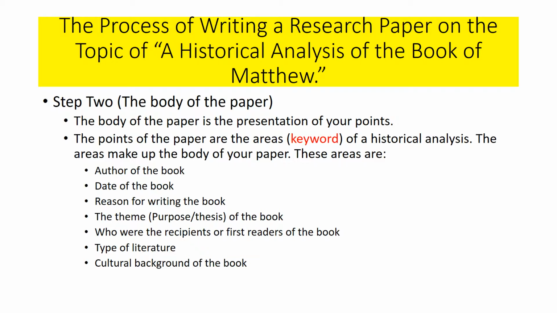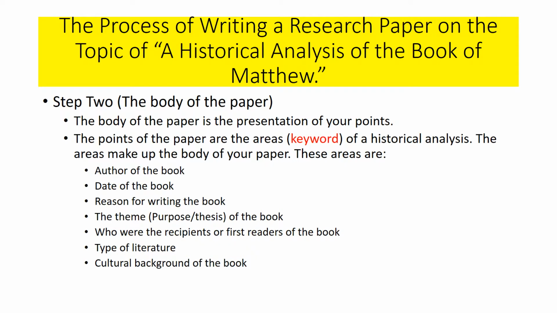Now, as you discuss these areas and look at the different resources for researching your paper, you will notice that some resources will say that one author was the author of Matthew, and maybe another source will disagree. The same holds true for the date of the book. Some authors will offer one date for the book, and other authors may disagree.